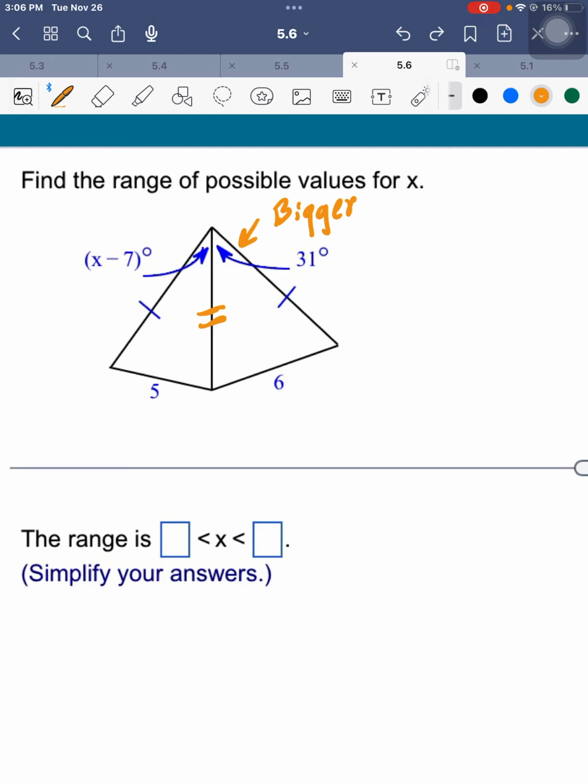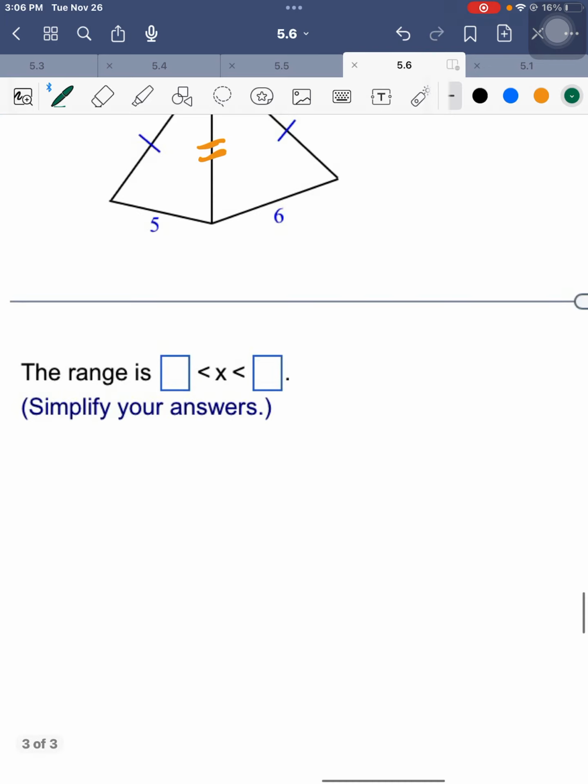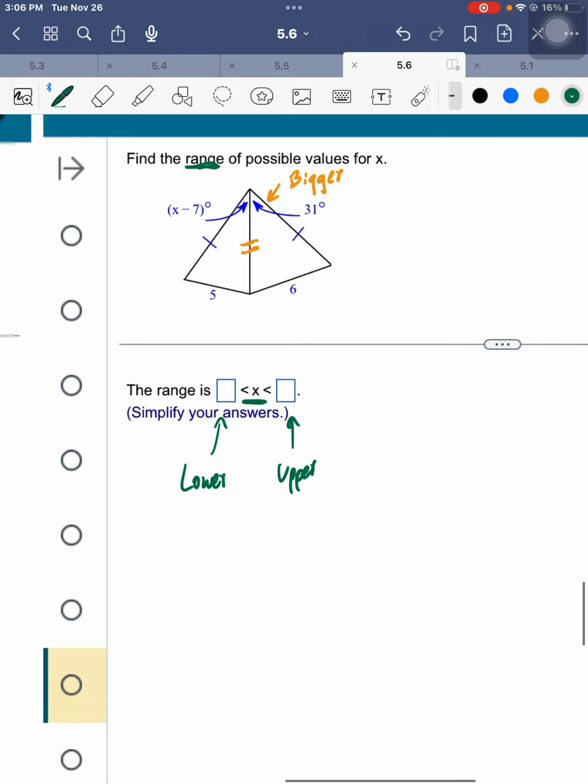So now let's see what they want me to answer. Find the range of possible values for y. Look, they already wrote it down how I like to write it down, with less than signs. Okay? So now they want us to have a lower limit and an upper limit.